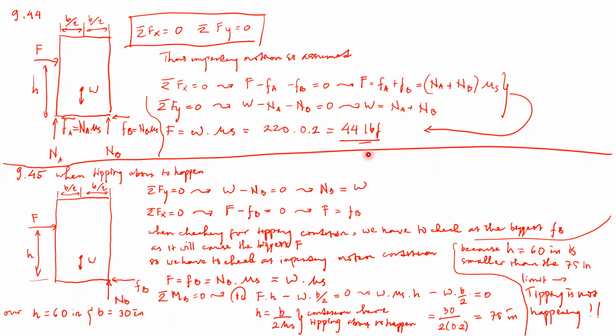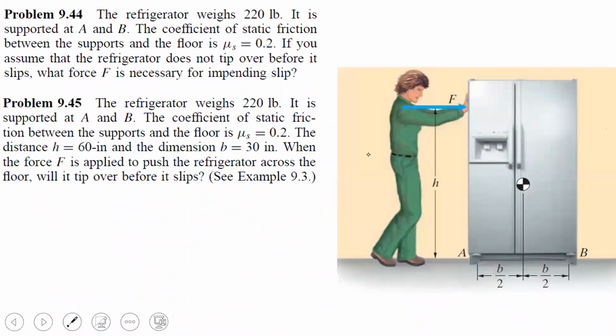Any question there? Yes. What does the assumption in the question imply? Because it says we assume that it doesn't tip before it slips. Oh, yeah. It means that we don't have to calculate for the tipping condition for this particular question.